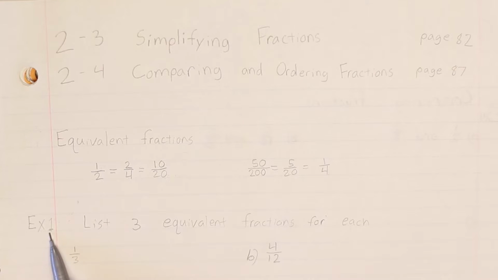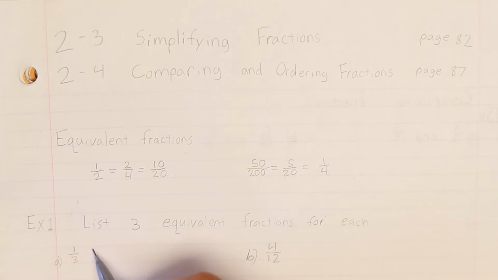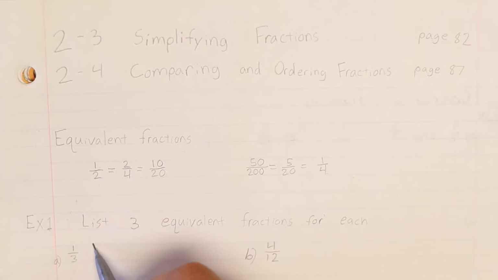So, example 1. List 3 equivalent fractions for each. Now, you could list a multitude of different fractions, but honestly, what I prefer to do is just multiply it by 2 and 10, if I'm able to. So over here, I could multiply it by 2 and get 2 and 6.